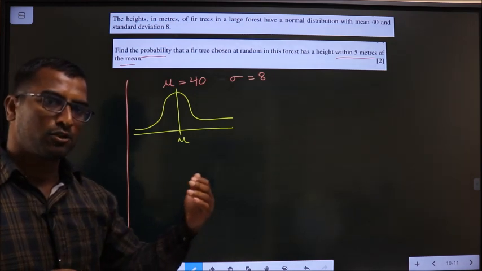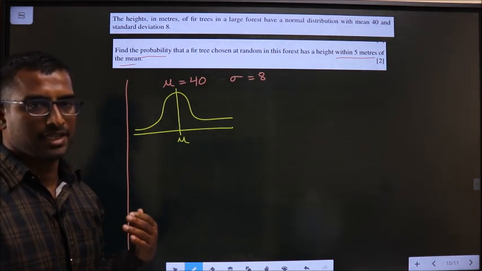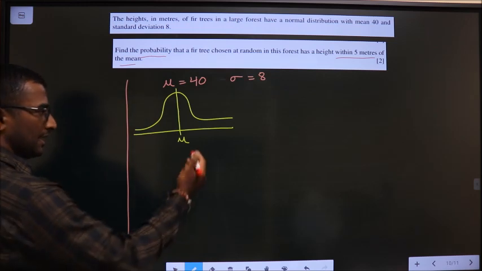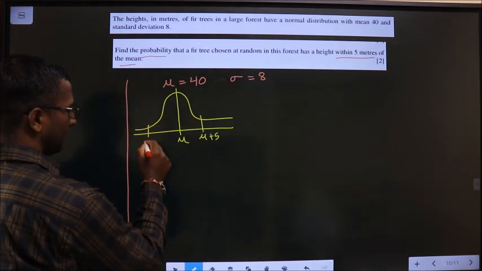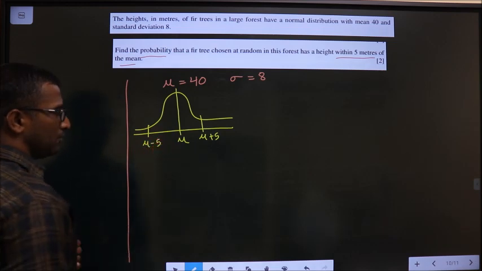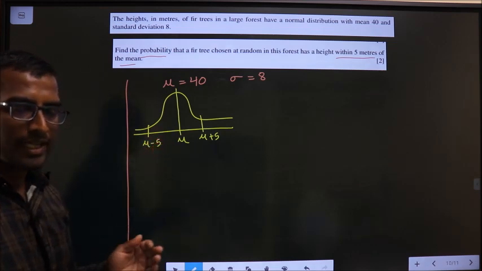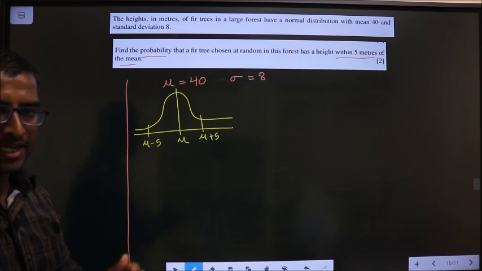It could be either to the left side or to the right side. If I take right side, here will be mu plus 5, and if I take left side, this will be mu minus 5. He didn't specify left or right.